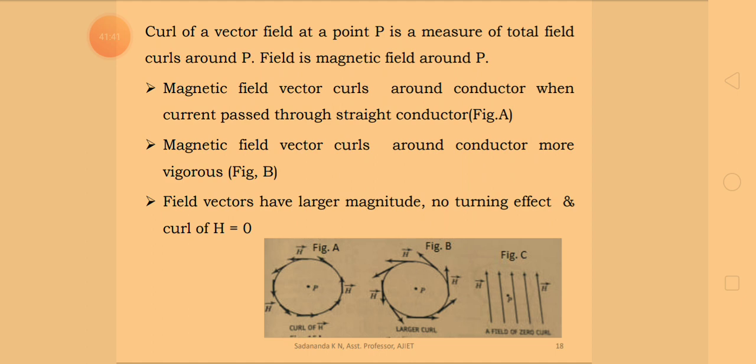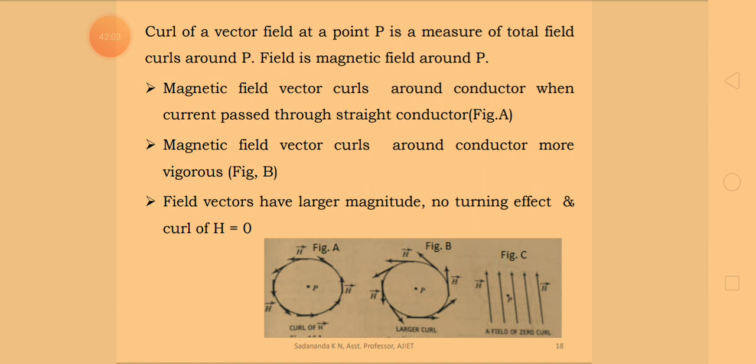In a similar situation, in the first figure, we can see the arrow marks that indicate the tangent to the curling of a vector.